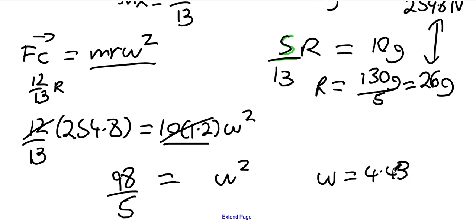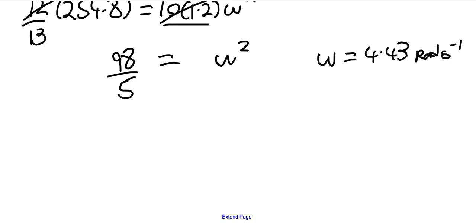4.43? Now, for those of you who are new to this, it means how much angle you're covering each second. So it means 4.4 radians per second. What that essentially means is, see this circle here and this starting point?